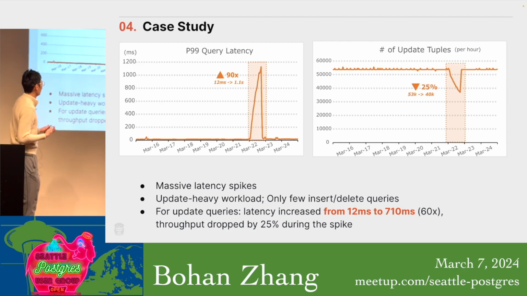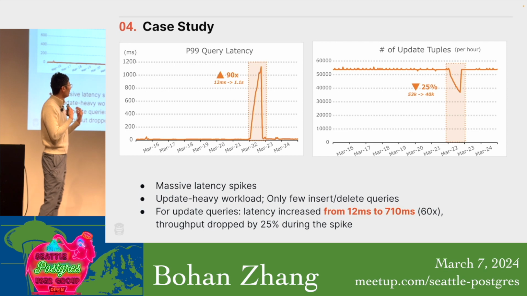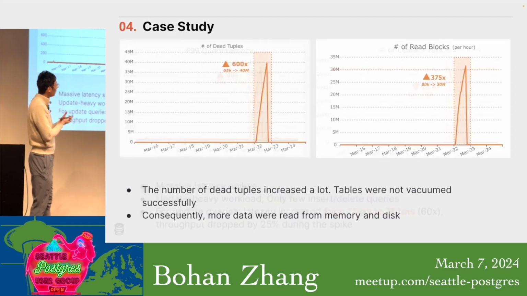We also found the latency for update queries increased from 12 milliseconds to 700 milliseconds. That's a 60 times increase in update query latency. So during the spike, we think there's something related to update queries.